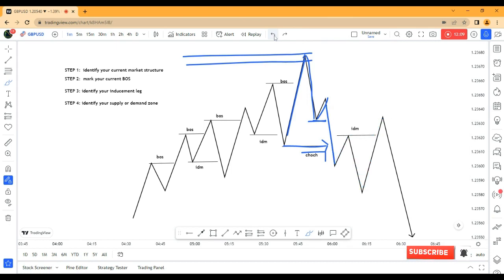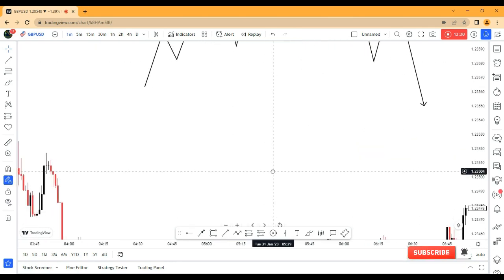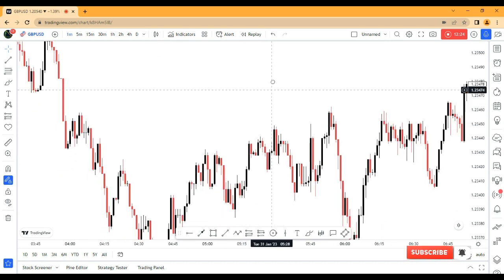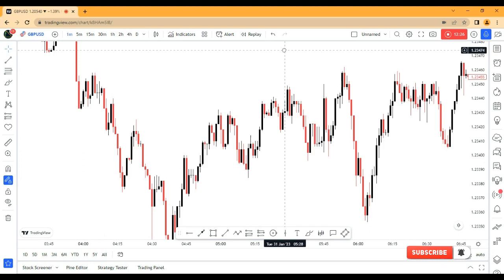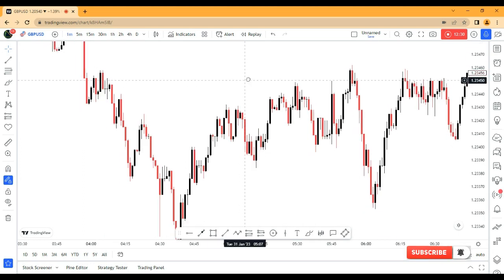So we'll be going into the live market to see how we can identify this on chart. So now this is our live market, and this is a pound USD 1 minute time frame.